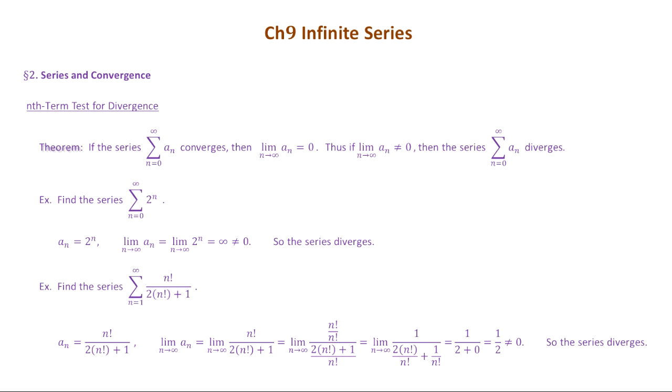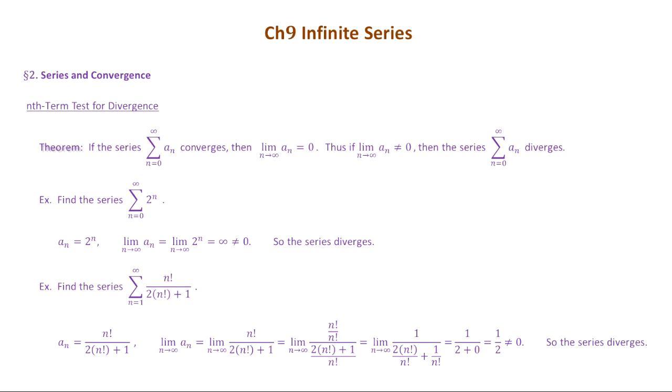So you multiply 1 with 2, 3, 4, 5 up to n, and that's called n factorial. So in this example, the general term in the series is a_n equals n! over 2 times (n+1)!. So you can find the limit by using the technique we had before.